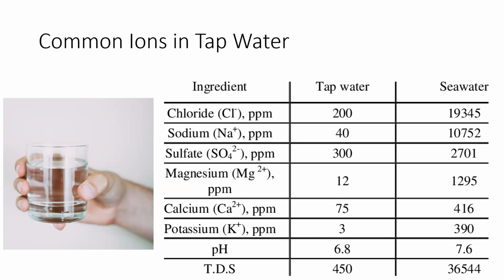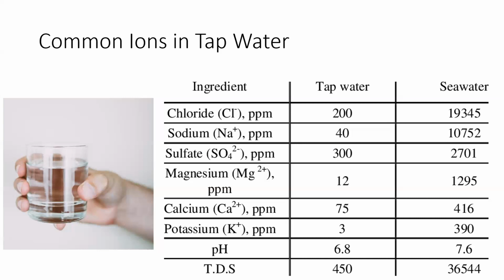Well, there are ions in water, and you can see some common ions found in tap water, and usually significantly more would be found in seawater. These are cations like sodium ion, magnesium ion, calcium and potassium ion, and some anions such as chloride ion and sulfate ion.